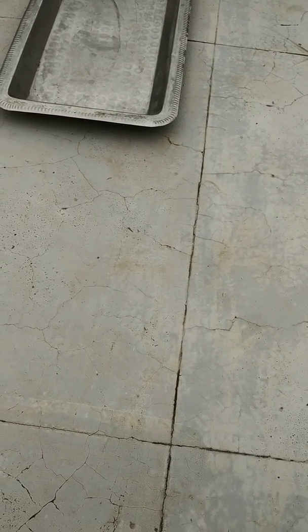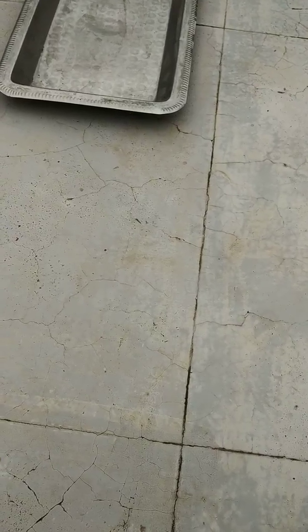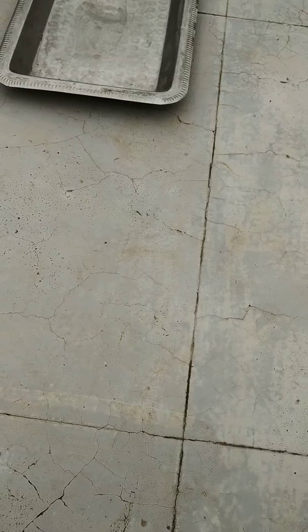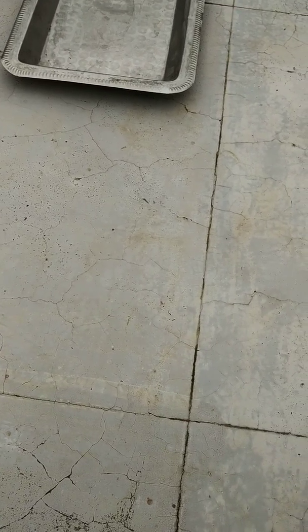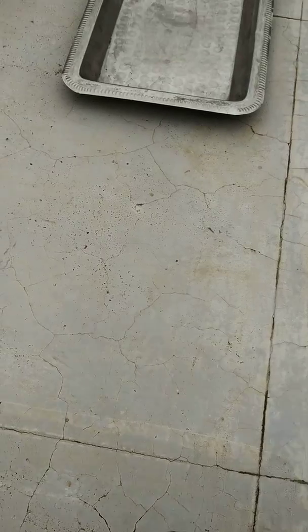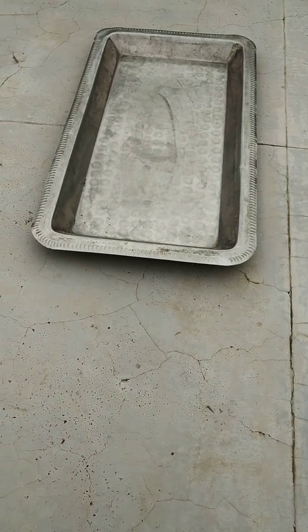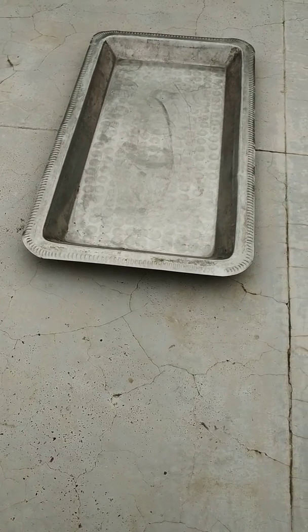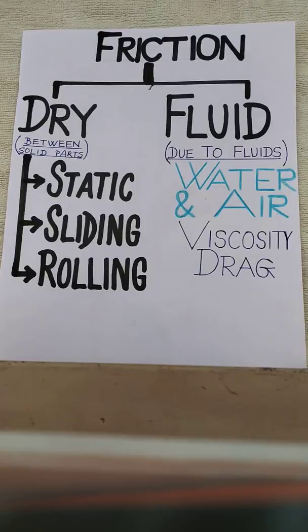So, when this tray is pushed on the floor, then the irregularities on the tray and the floor interlock and produce friction. Now when the tray is empty, its weight is less, and so it presses onto the floor with less force, and so the friction is less, and so I am able to push the tray easily, which was not there in the earlier case because it was quite hard to push the tray because of the load on the tray.